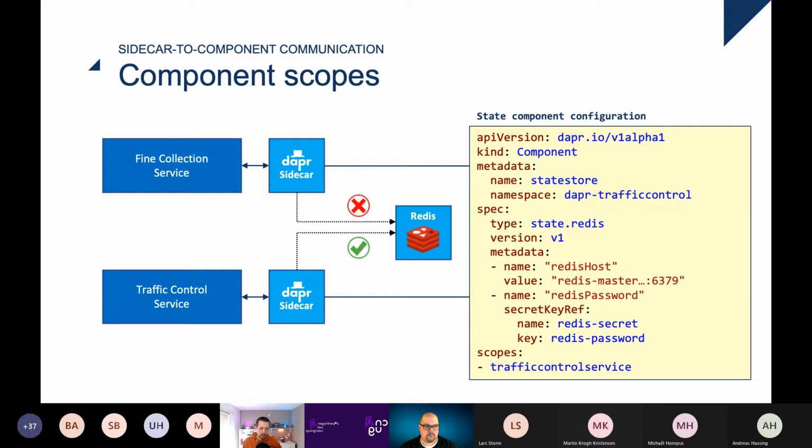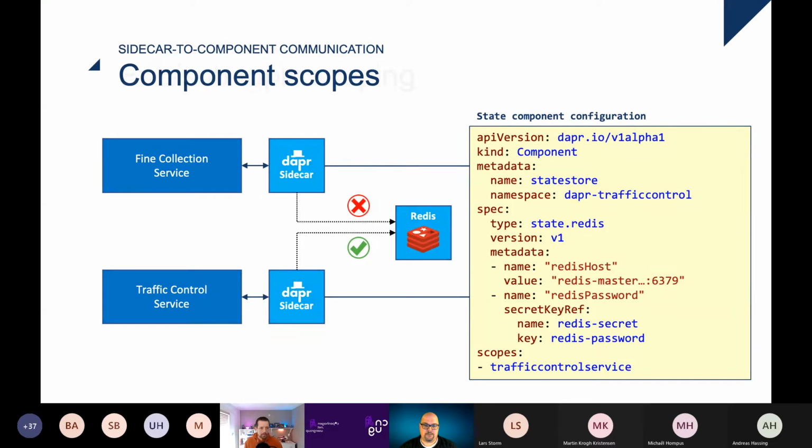When the find collection server sidecar starts and goes through all the configuration and looks at the components to load, it will simply skip this component configuration because it sees that it's not allowed access due to that scope.